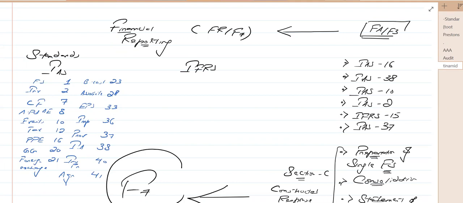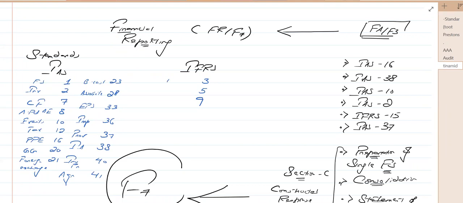So it starts with IFRS 3. So we have business combinations, which is relevant to consolidation. And then we have IFRS 5, non-current assets held for sale and discontinued operations. Then we have a very, very important standard in the F7 exam, which is IFRS 9, a big standard known as financial instruments.